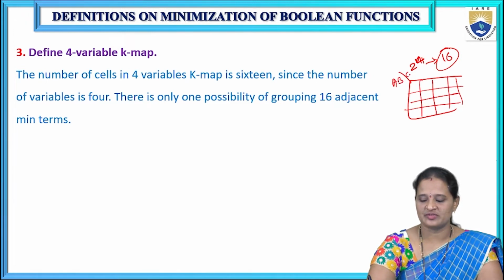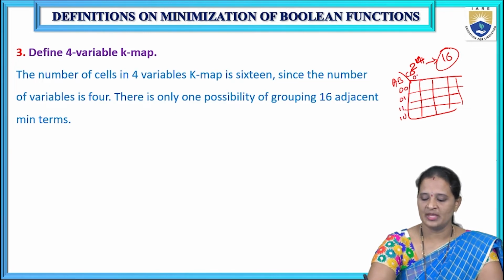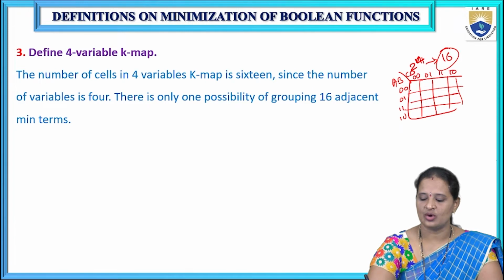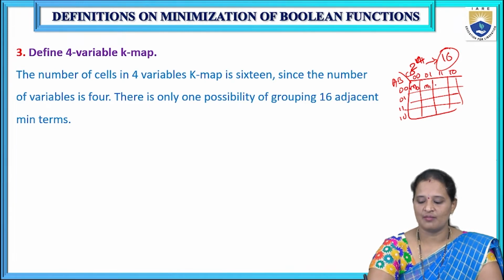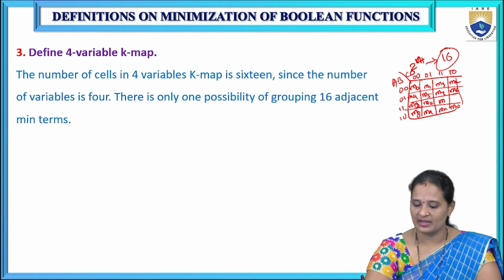So this is the K-map structure for 4 variables: 00, 01, 11, 10 along both the rows and columns. This row represents M0, M1, M3, M2. And this row represents M4, M5, M7, M6. And this row M12, M13, M15 and M14.